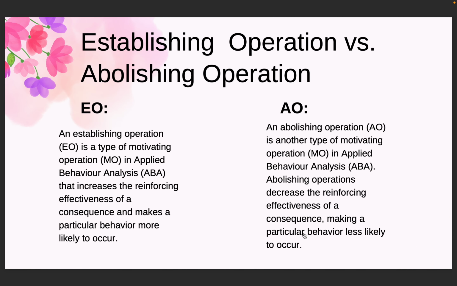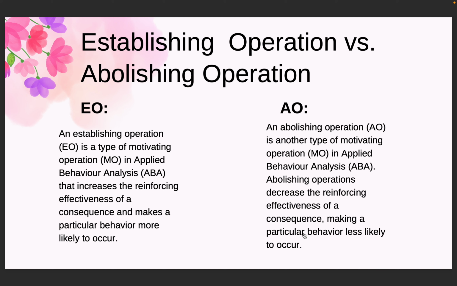So our EO, again, our establishing operation, increases the reinforcing effectiveness of a consequence and makes a particular behavior more likely to occur. So when we're looking at an EO, we are looking at deprivation.